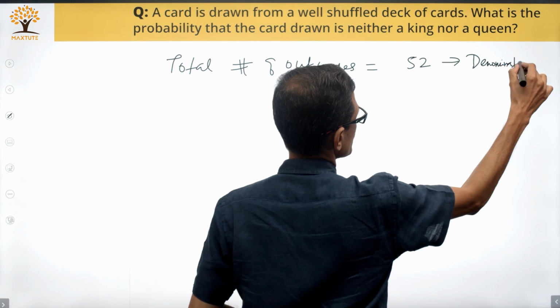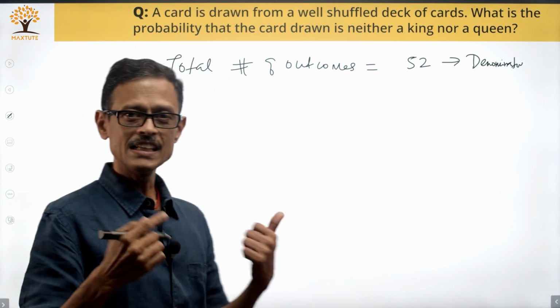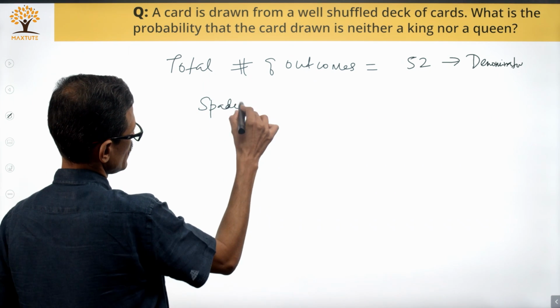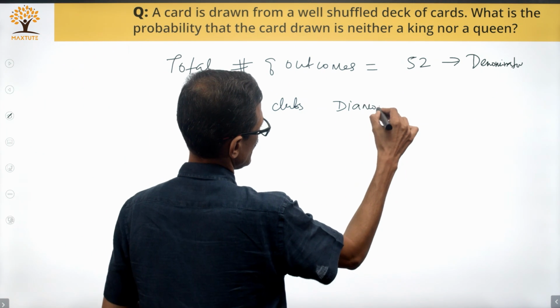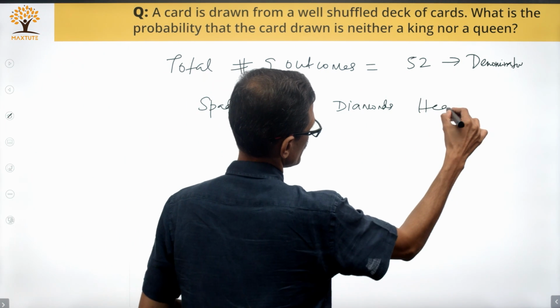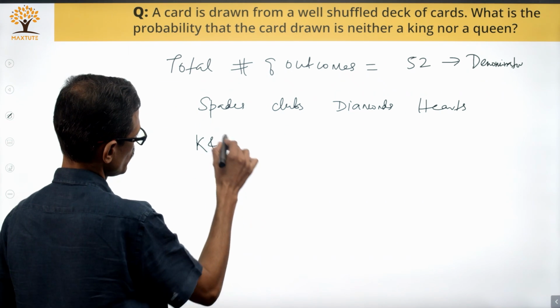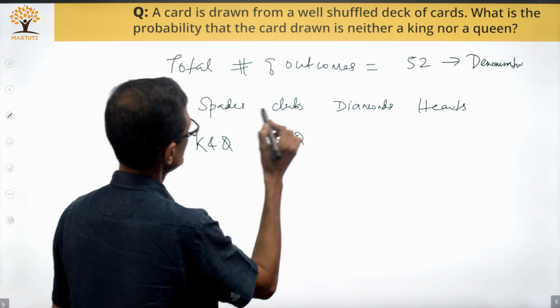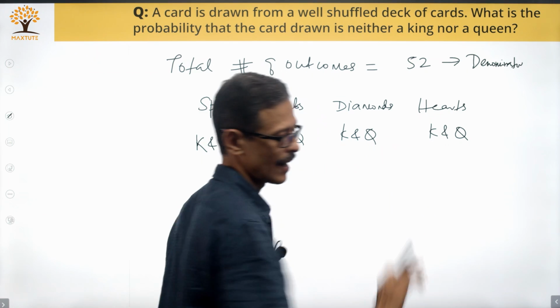Now the numerator is selecting a card which is neither a king nor a queen. Any pack of cards has got 4 suits, right? Spades, clubs, diamonds and hearts. In each of these suits, you're going to have one king and one queen. There's a king and queen in clubs, king and queen in spades, king and queen in diamonds and king and queen in hearts.